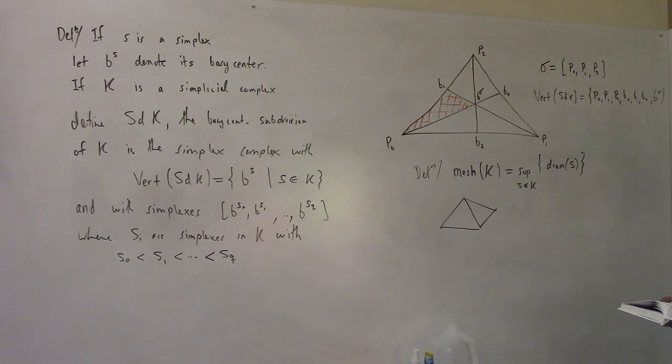So it literally is sort of the biggest size between. How's the diameter defined? It's the biggest distance between any of the points in the simplex.